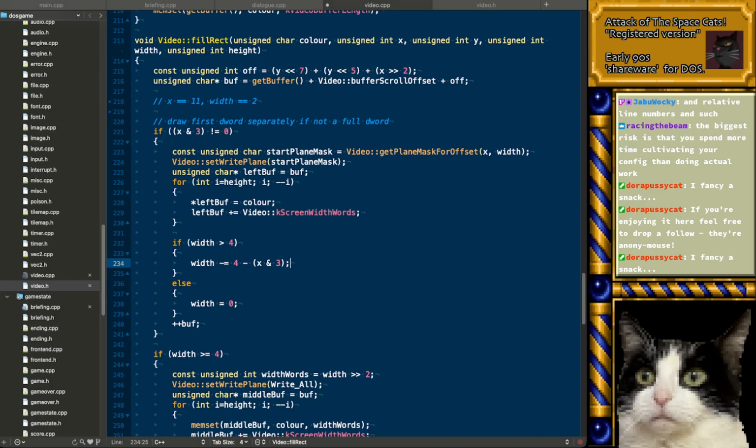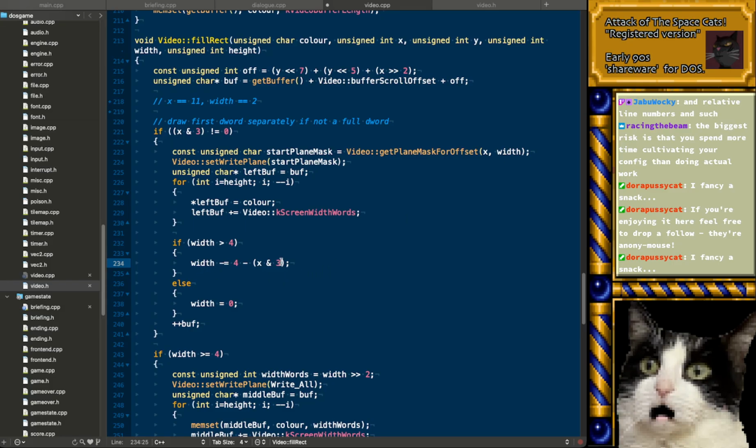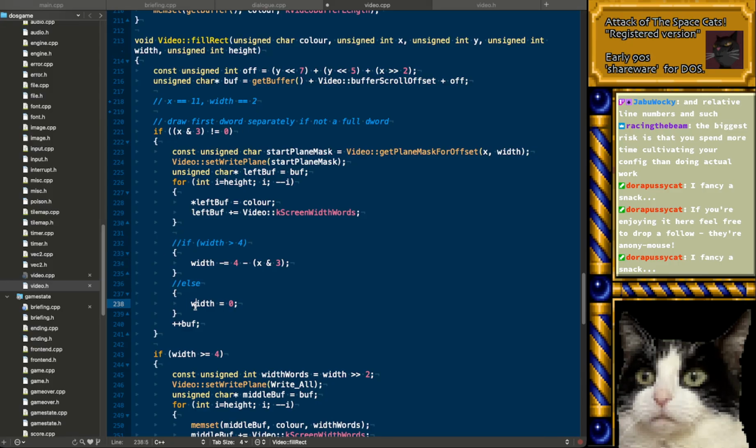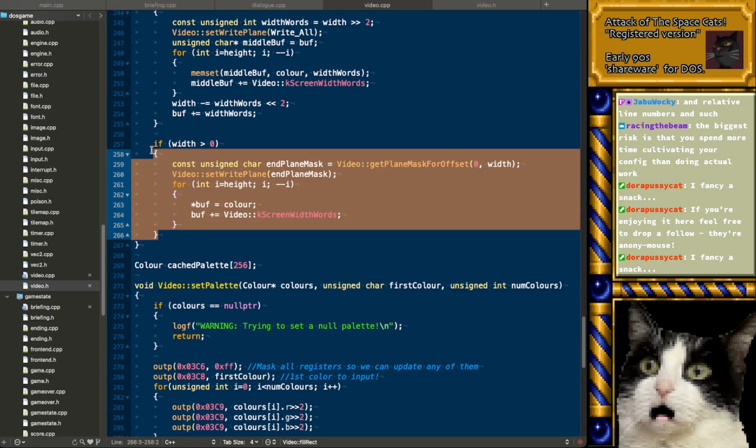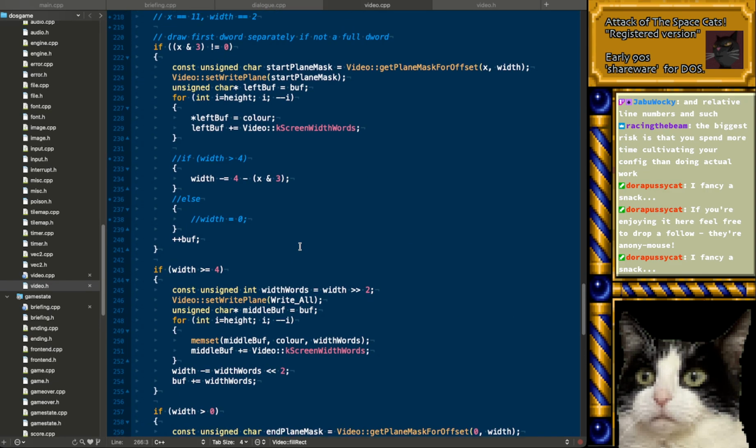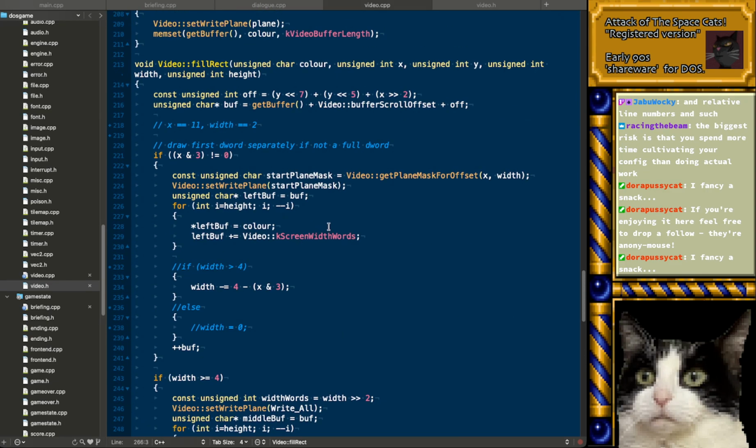It's 4. No, hang on, yeah, that's correct. 4 minus X and 3. X and 3 would get you 3. So 4 minus 3, 1. With minus equals 1, that would take us down to 1. I think that would be correct. Get rid of all that. And then hopefully that would then be caught by that at the end.